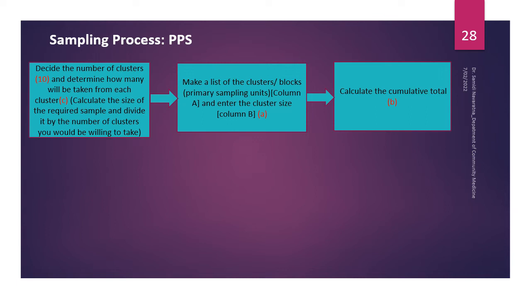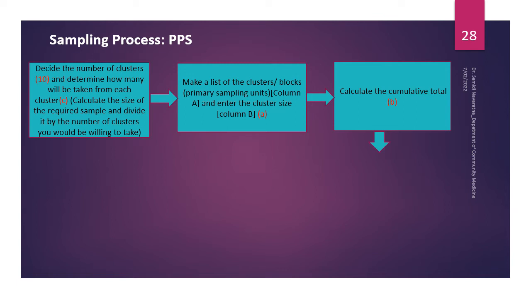You need to add the number of study units in the first cluster to the second, and then to that total you add the third cluster size, the sum of the two cluster sizes, and so on and so forth.